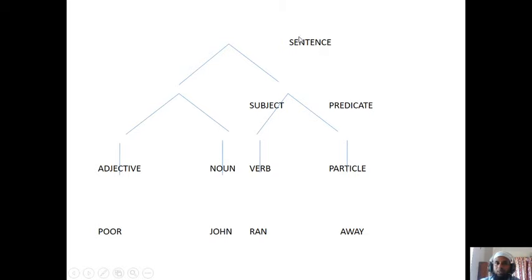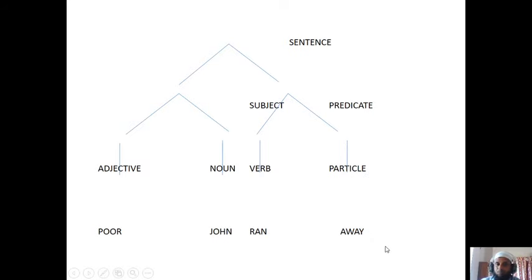So here at the beginning you have a sentence, then you have the subject and predicate, and from a grammatical point of view you can say noun phrase and verb phrase. In the subject you have a noun which is modified by a pre-modifier adjective, Poor is adjective and John is noun, and in the verb phrase or the predicate you have a verb and a particle or an adverb maybe, ran and away.